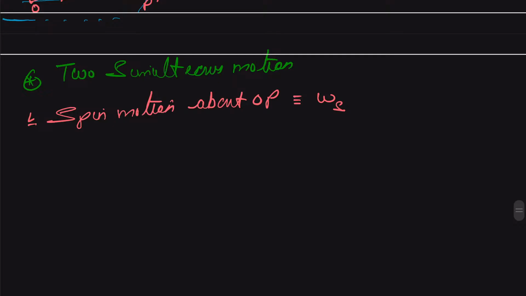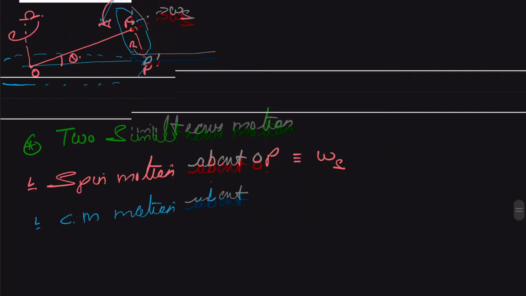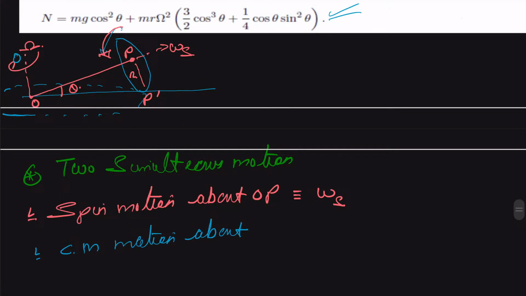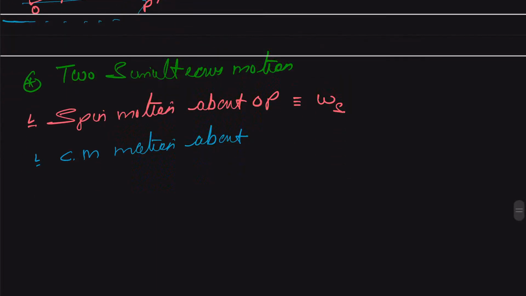And the second one is the center of mass motion about OQ. Let us call this point Q. It is already given that it has angular velocity capital omega.